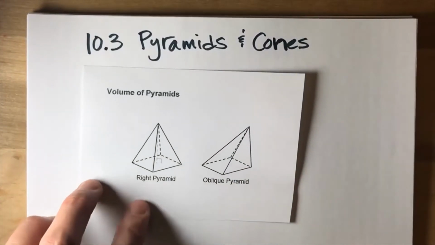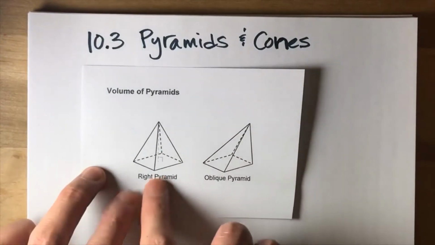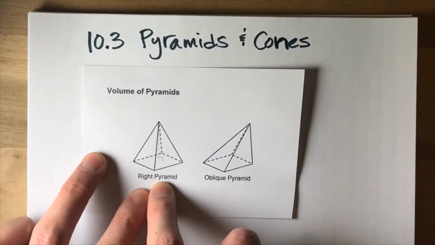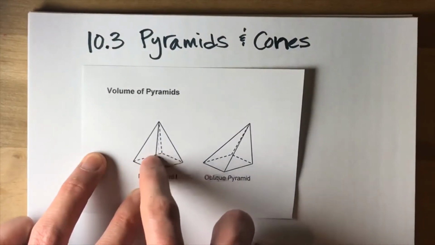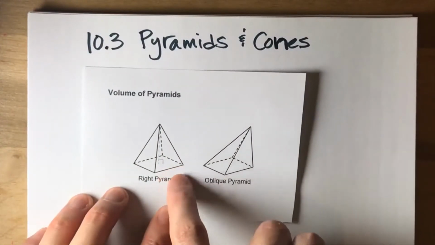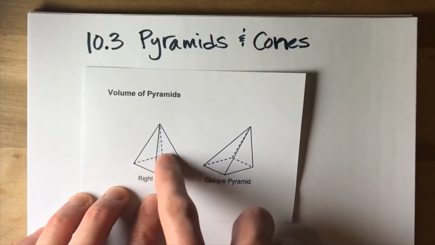Now, here's the thing about the volume of a pyramid. You should have seen from the previous video that there's a relationship between the volume of a pyramid and the volume of a prism that has the same base and height. All right? And what you should have found was it actually takes 3 pyramids to fill a prism with the exact same base and height.